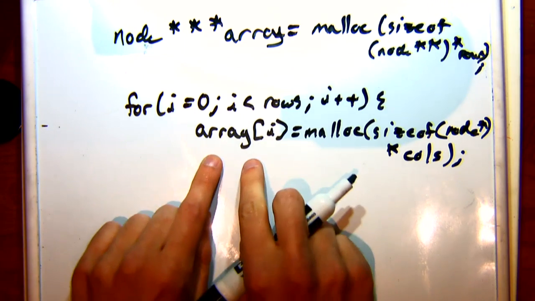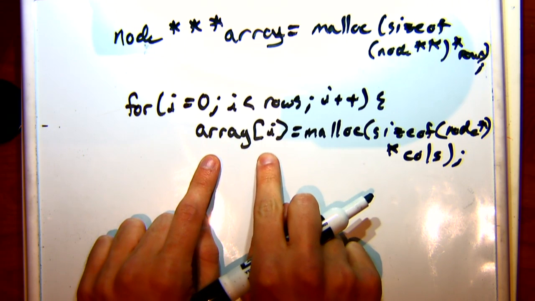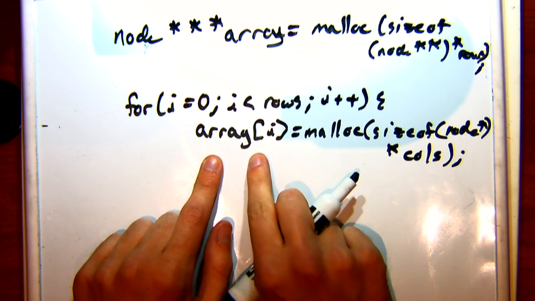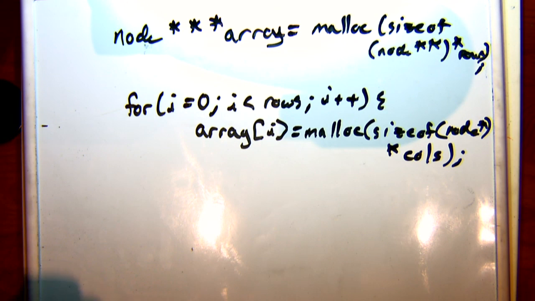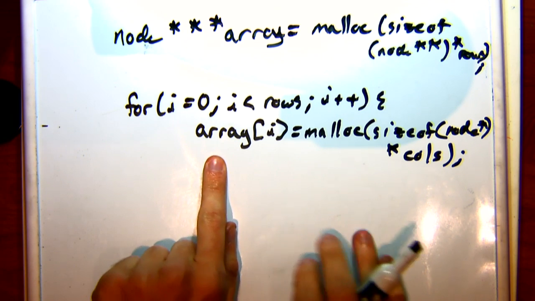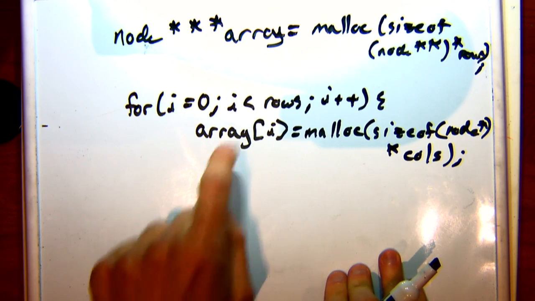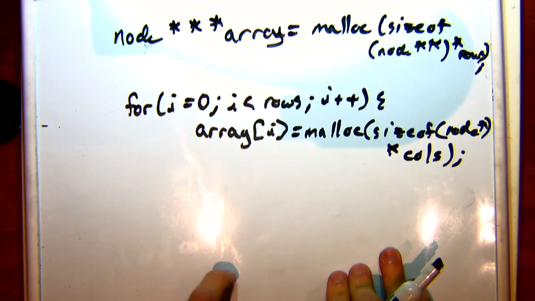So this is each array index. So this is basically the two-dimensional array we're creating. So each of these single arrays, we want to create another dimension, which is the columns. So these are the rows that we're going through, which you can see by the loop index.